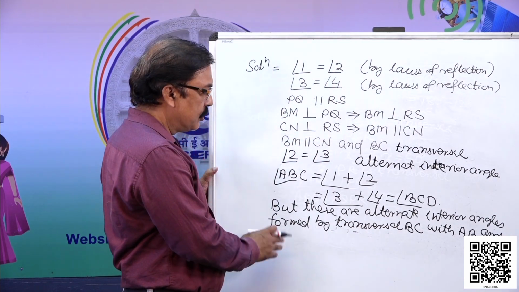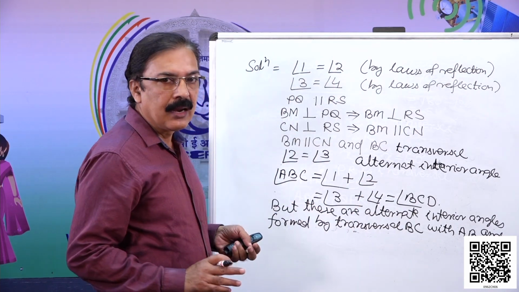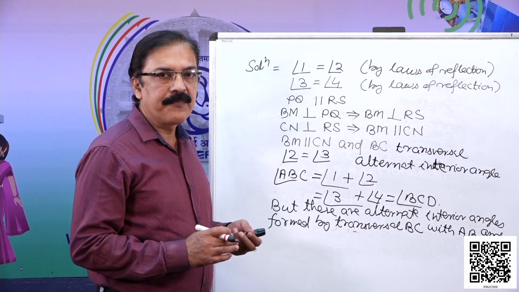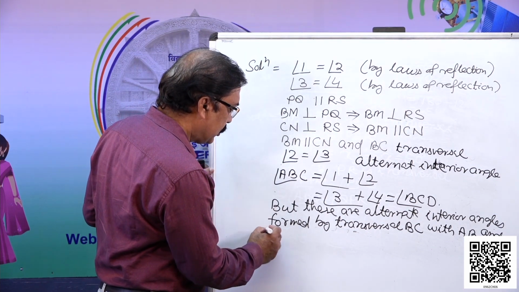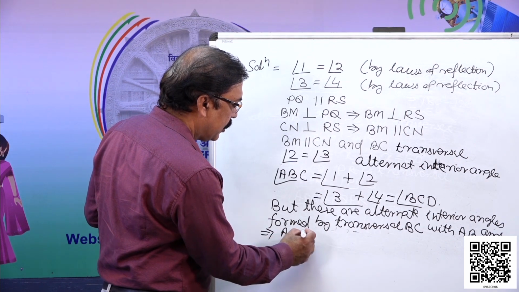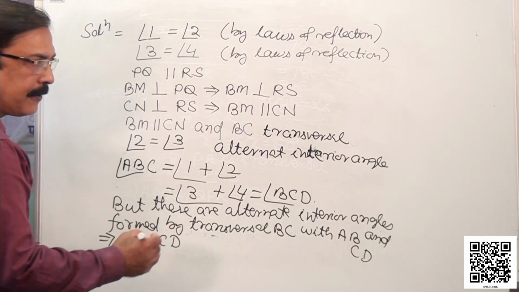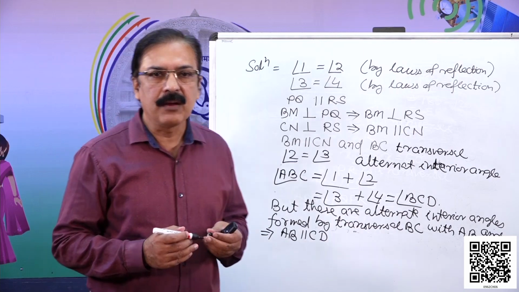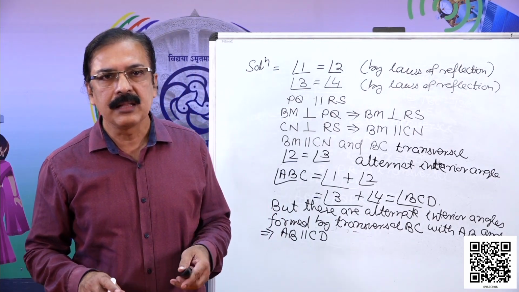So this shows, as the alternate angles are equal, the lines are parallel. So this shows that AB is parallel to CD. This is the converse of the alternate interior angle theorem.